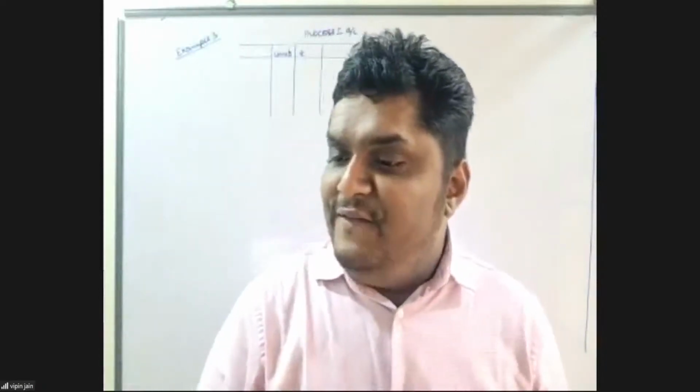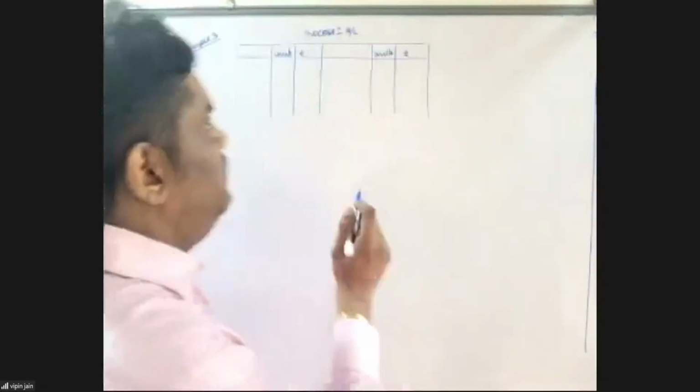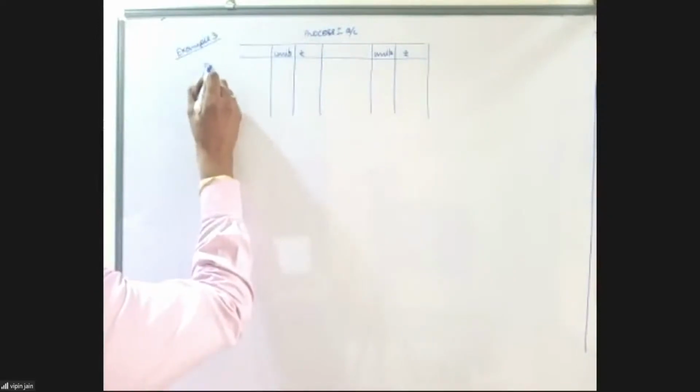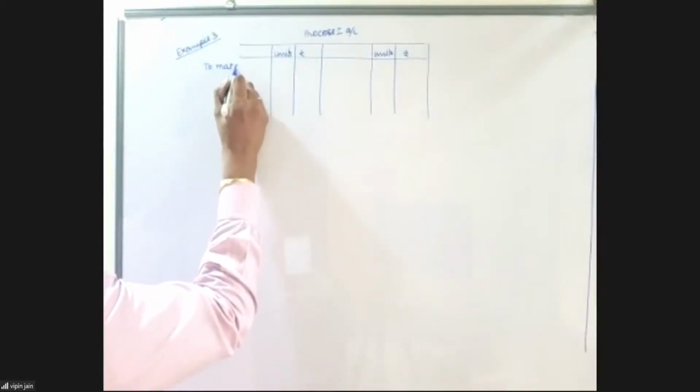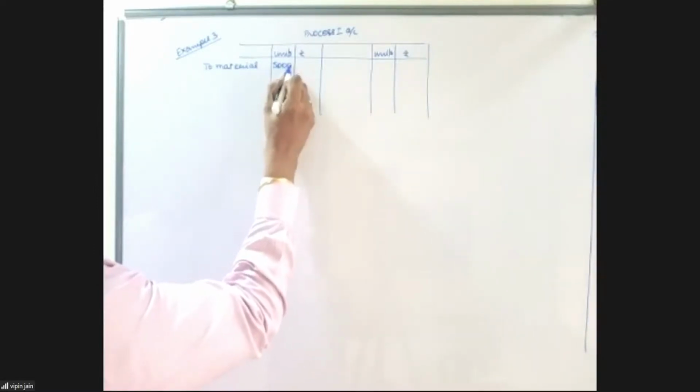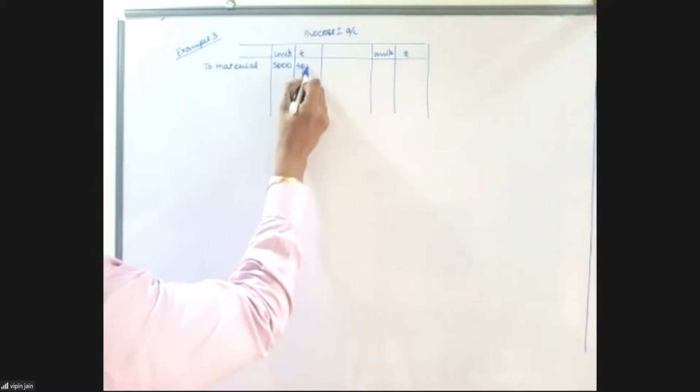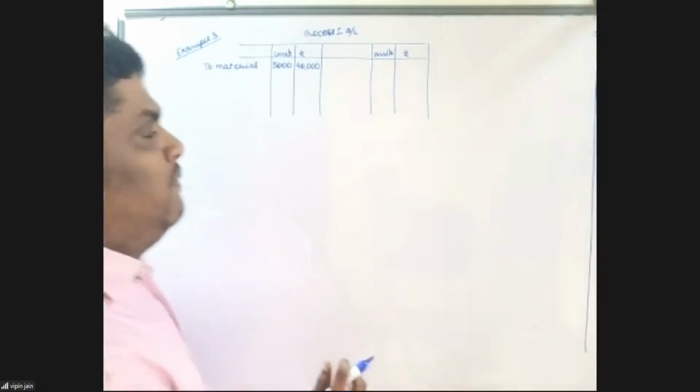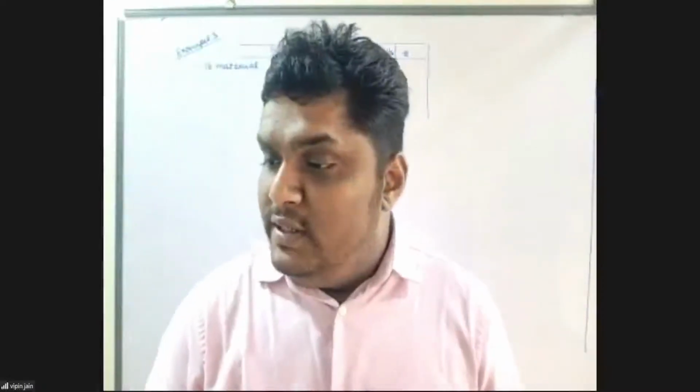To material is 5,000 units and 40,000 rupees. Further, to wages is 30,000 rupees.